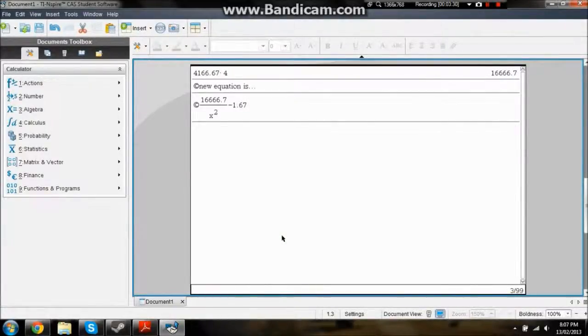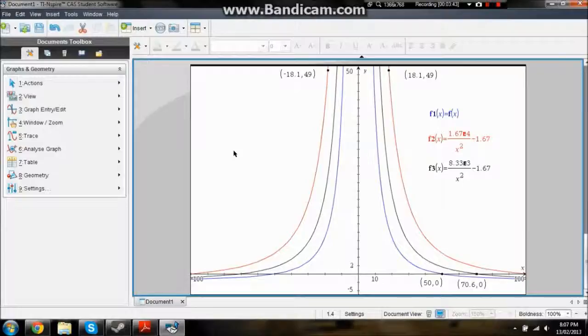Well, first of all, you've got to find the new equation, obviously, and you get the a part, which is the dilation factor, and you multiply it by 4 to get the new dilation factor, and then that's the new equation. And it graphs here like this. Now this is a bit chaotic, but I've got everything just so it's easy for me to explain. This was the original equation, the graph of f(x), which I defined previously, and you can see it goes up.